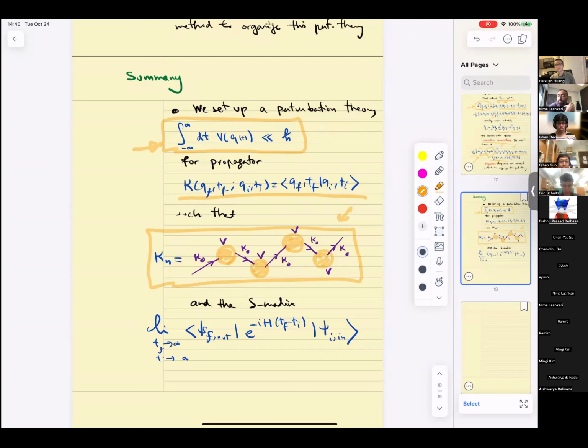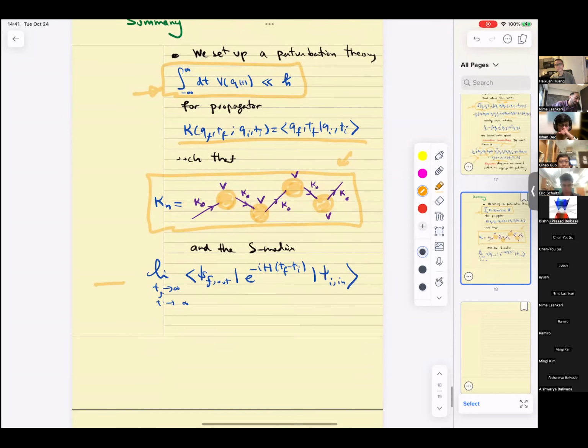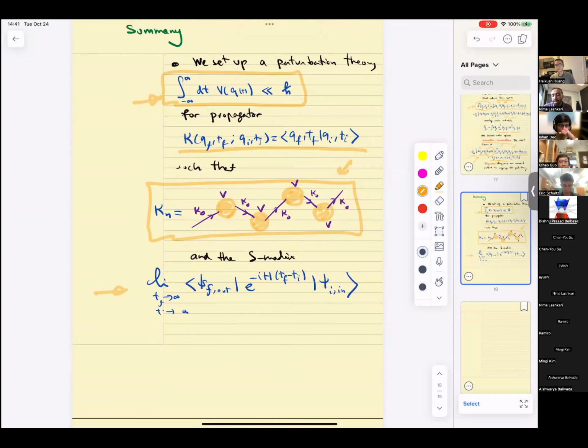We commented on the free propagator, how the poles of the propagator have to do with free particles, with particles of the theory. And then we defined the S matrix and said that the perturbation theory of the propagator will give you a perturbation theory systematically for the S matrix as a Born series. Any questions?